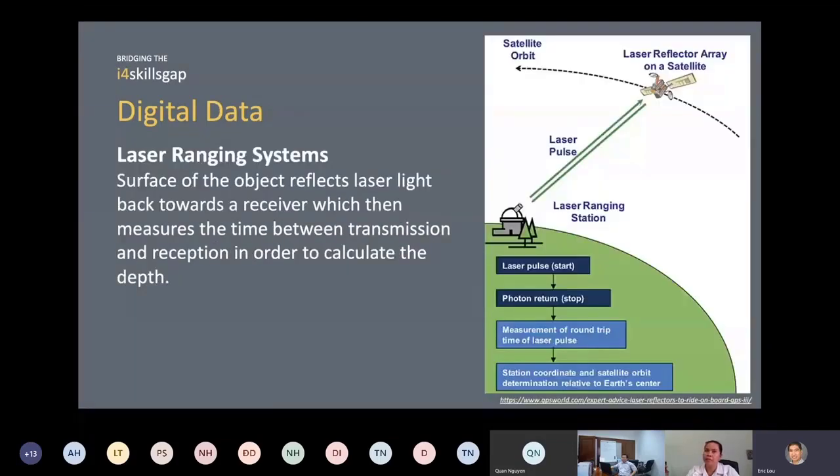Laser ranging systems use very sophisticated laser light. From Earth, it shoots out laser pulses to a satellite, it bounces back, and we get a point. So this system does a very high-end laser shot from a base anywhere in the world, reflects off a laser satellite, and then you get a point down on the ground on Earth.